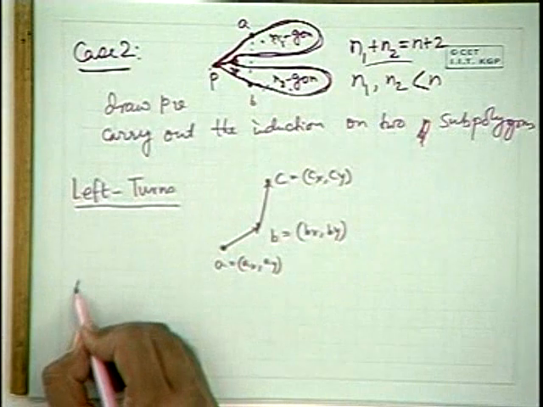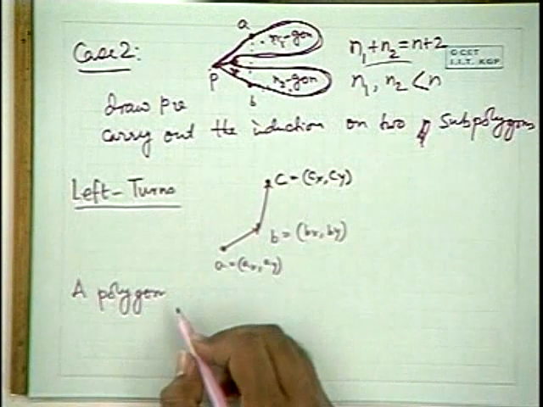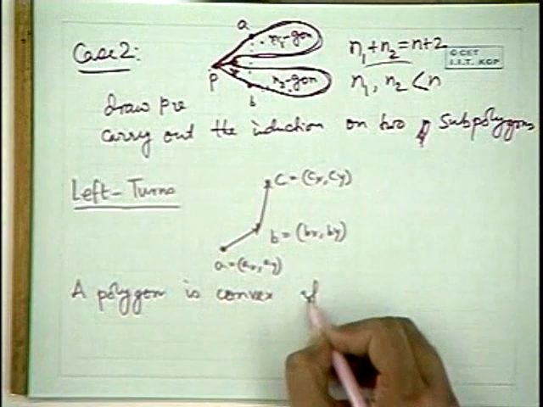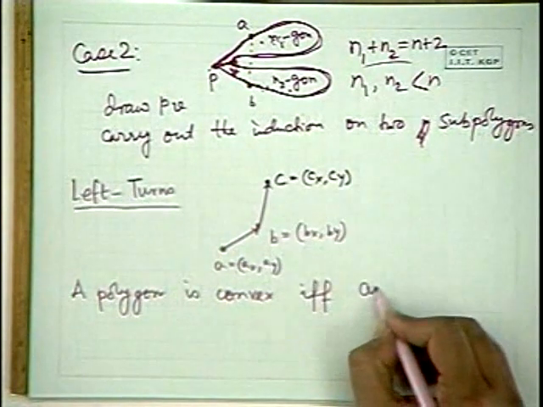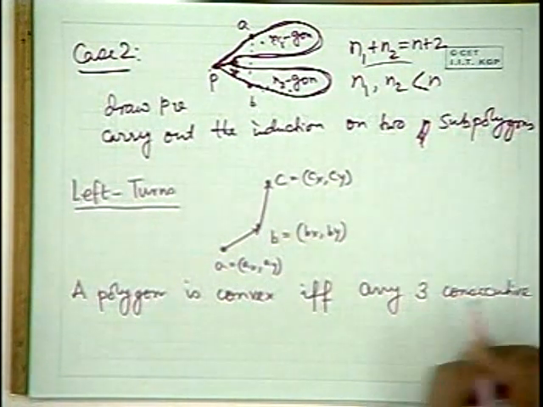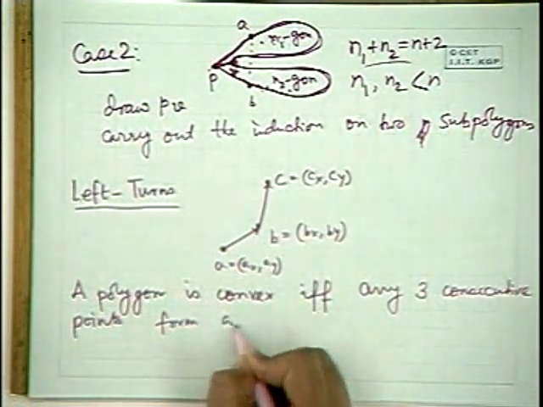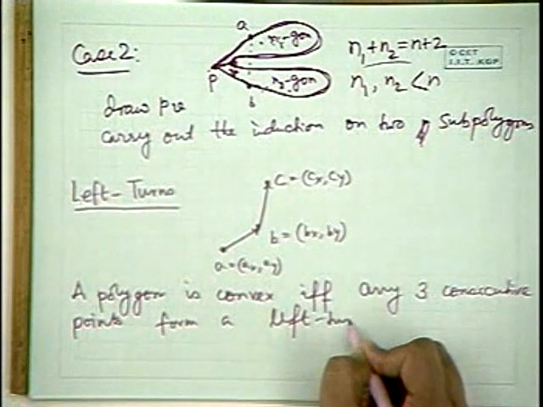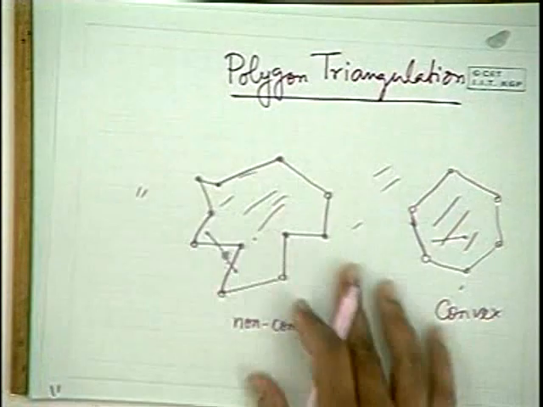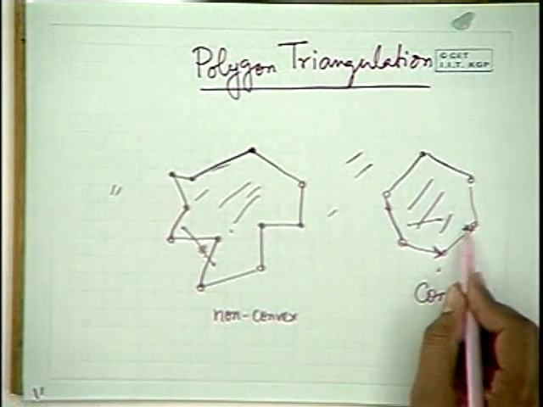First thing about a polygon, this is just a fact I want to state. A polygon is convex if and only if any 3 consecutive points or vertices form a left turn. So for a convex polygon here, if you take these 3, they form a left turn.